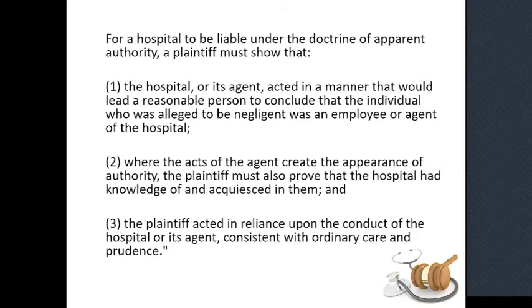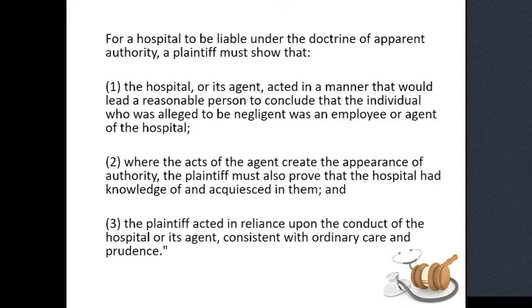So for a hospital to be liable under the doctrine of apparent authority, a plaintiff must show that, first, the hospital or its agent acted in a manner that would lead a reasonable person to conclude that the individual who was alleged to be negligent was an employee or an agent of the hospital. So any reasonable person, using his reason, using his normal way of thinking, would be able to conclude that based on the action of this individual, he was an agent or employee of the hospital.